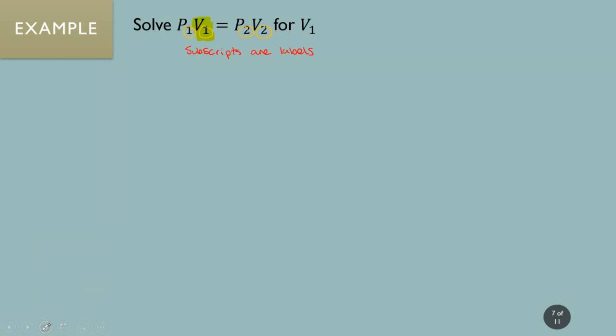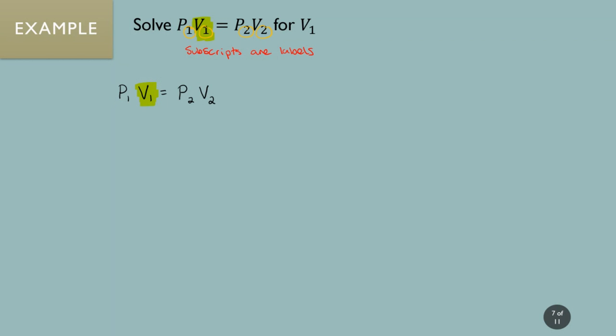So I'm going to start by rewriting this. So I have P1 V1, P2, V2. So we want V1 by itself. It already doesn't have anything added or subtracted on that side, so we don't have to do any addition or subtraction.